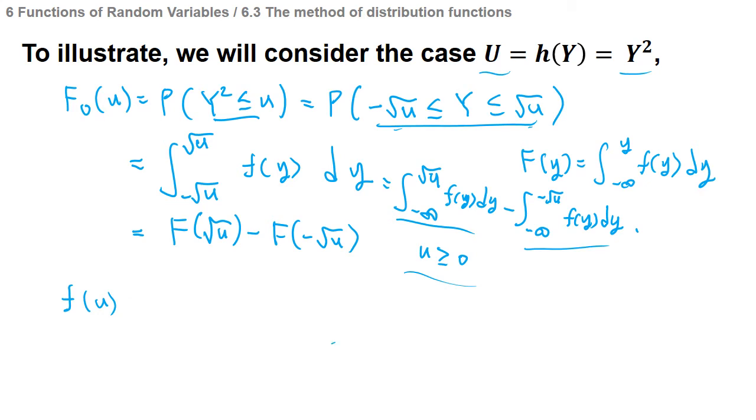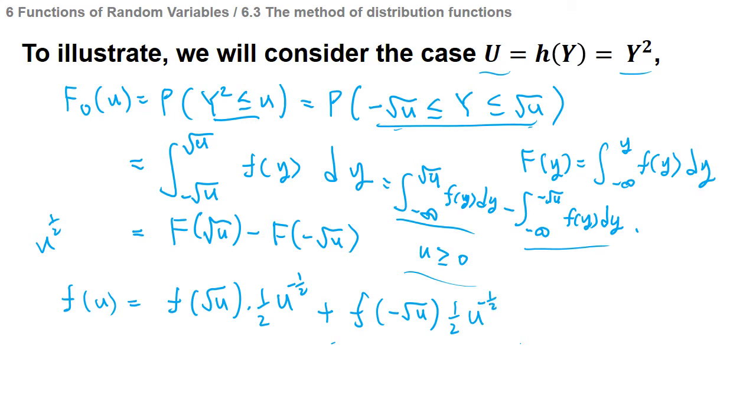So f(y) at square root of u, and if you differentiate, it is 1 over 2 u to the minus 1 over 2, minus, and if you differentiate this side, it is plus f of minus square root of u times 1 over 2 u to the minus 1 over 2.